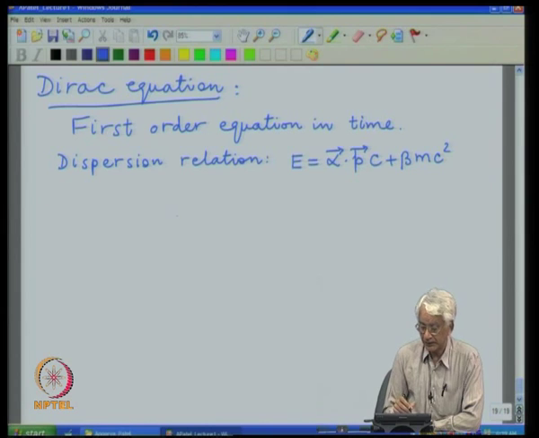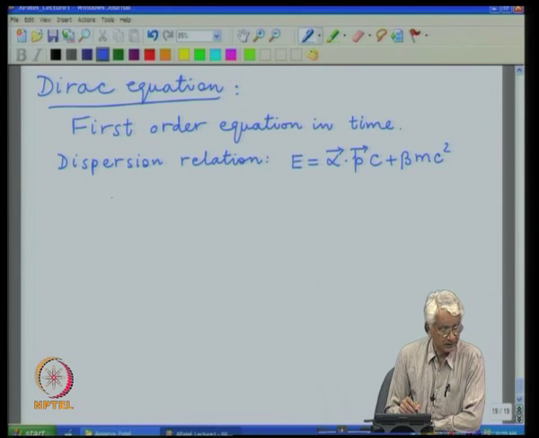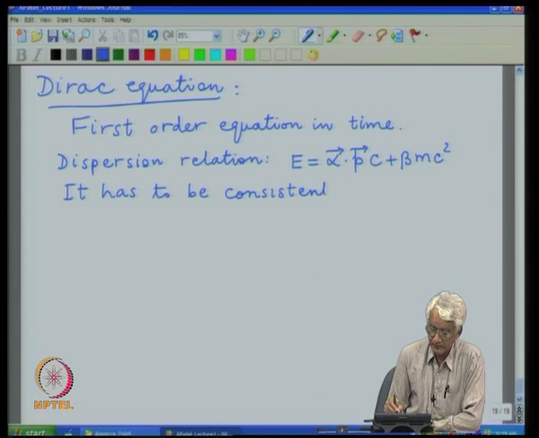So, he started out with this ansatz, but this is not really consistent when alpha and beta are just some numbers.